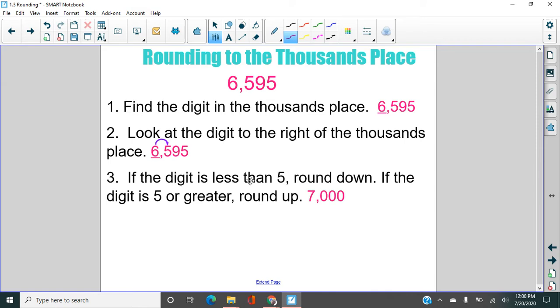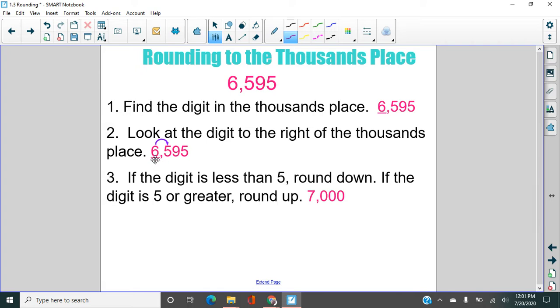If the digit is less than 5, round down. If the digit is 5 or greater, round up. So we look at this 5 that's right here. If it is 5 or above, it's going to shove the 6 up to the next number. If it's not, then the 6 stays the same.